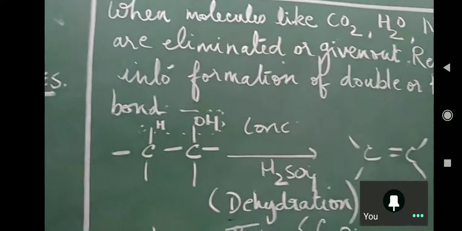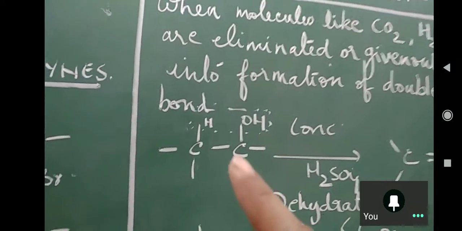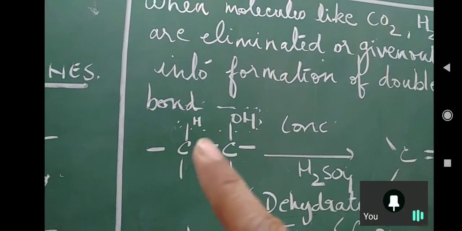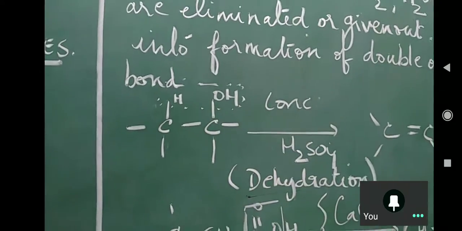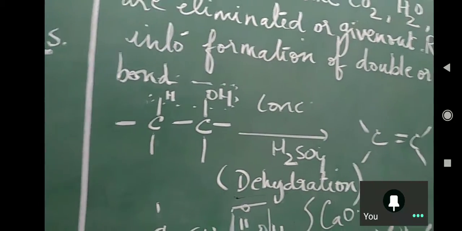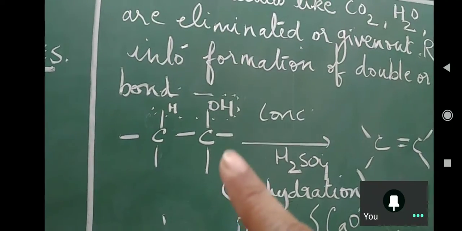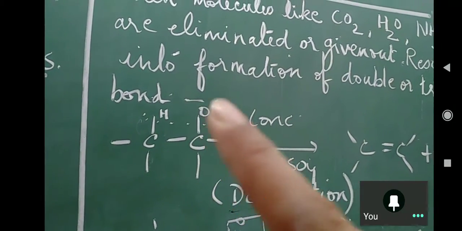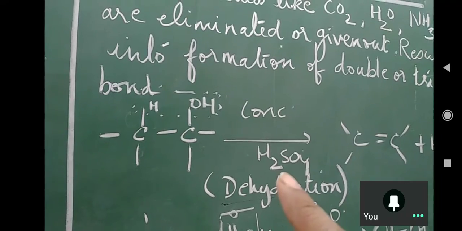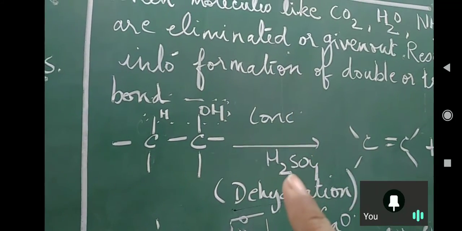Okay, now look at this. This is ethanol, CH3CH2OH, with concentrated sulfuric acid. What does concentrated sulfuric acid want?